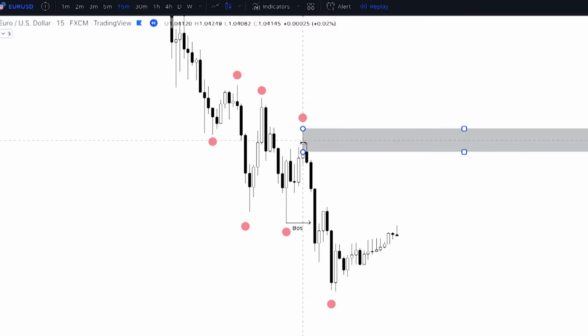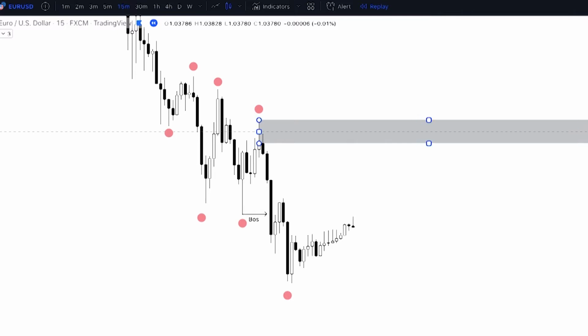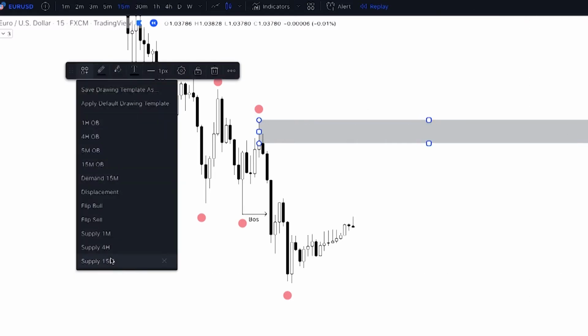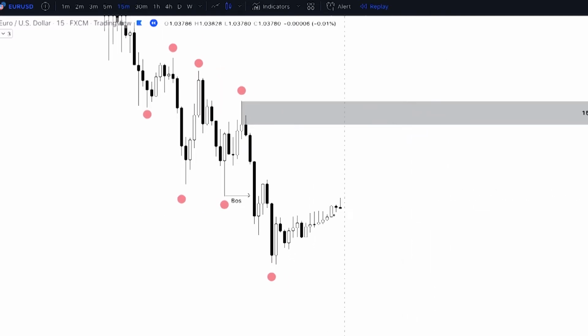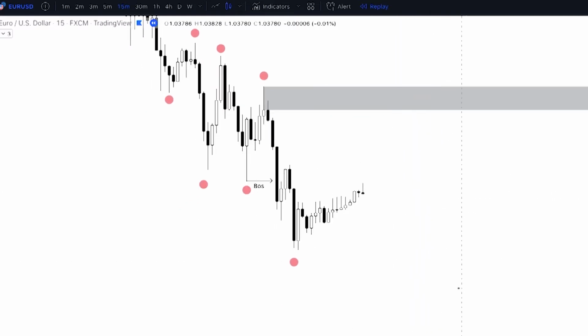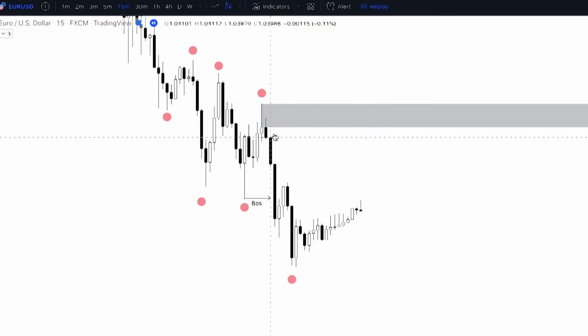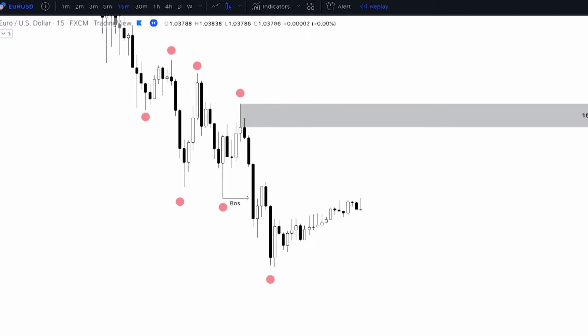What I can see, this is a push up, and again from here we got a push down. So this is a 15 minutes supply, and what we see, we just pushed down, we got a breakup structure. I think we swept down this liquidity, and now let's see where the market goes.